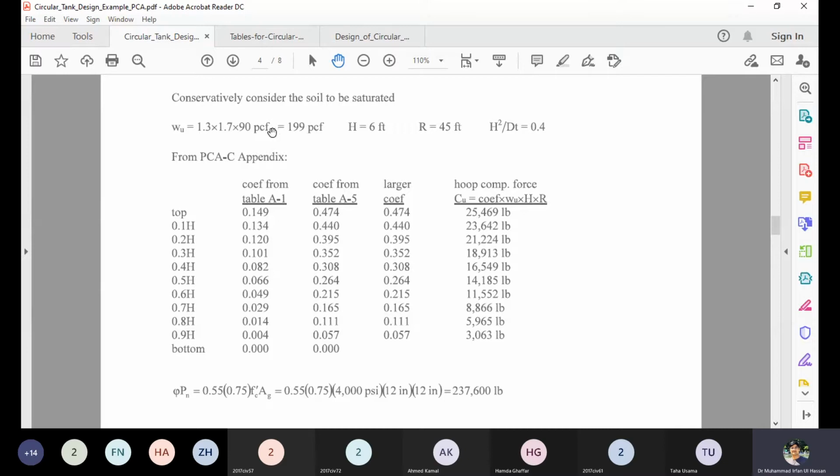For the compressive force, the factors are different, 1.3 and 1.7. H outside for the soil load is up to 6 feet, and it was told to take the soil load as 90 psf. So at different depths you will go to Tables A1 and A5.